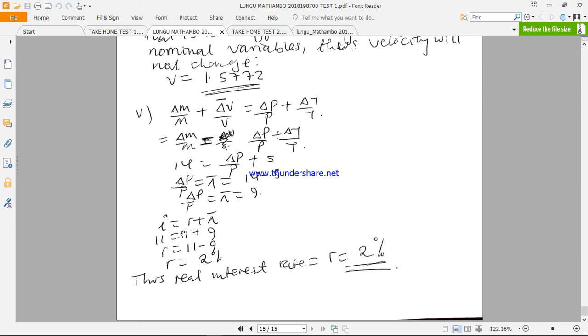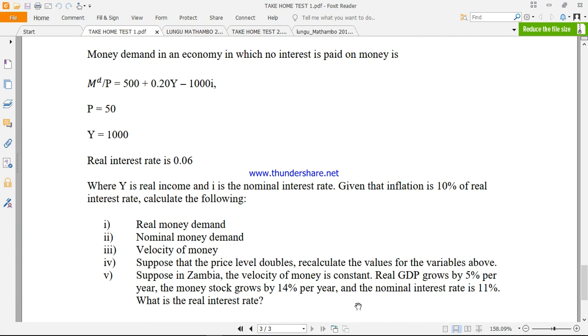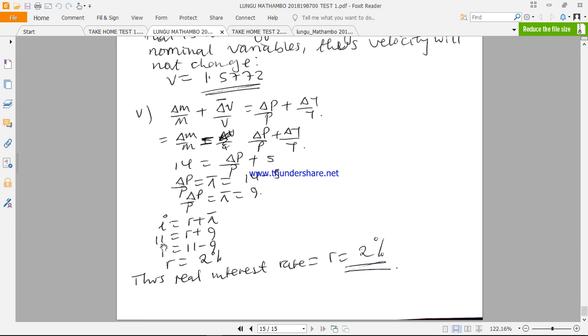So the nominal rate of interest is equal to the real rate of interest plus the inflation rate. From the question, they have told us that the nominal interest rate is 11%. So 11 is equal to the real rate of interest, which is what we want, plus the inflation rate we found, 9.